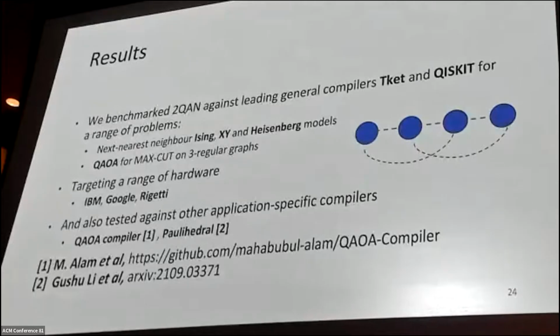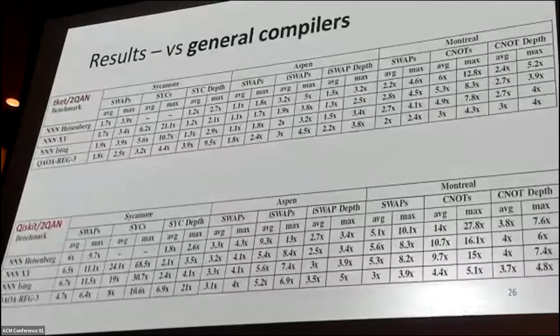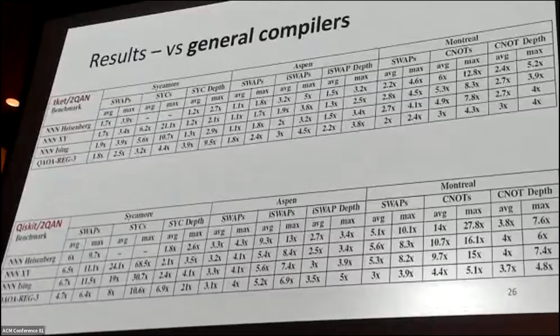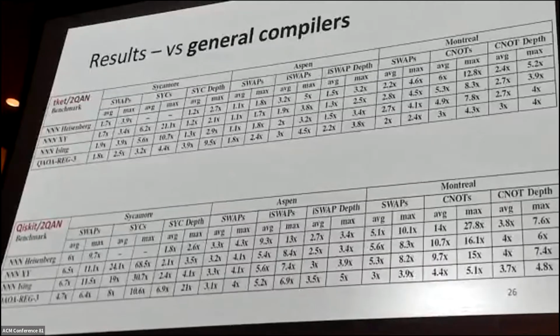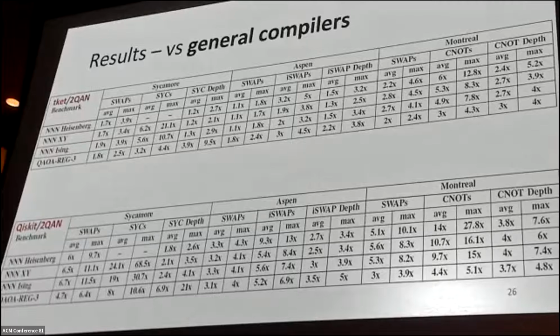So there's a compiler which is targeting QAOA optimization problems, and the polyhedral optimizer, which targets circuits made of Pauli gadgets in general, but not restricting to 2-qubit Pauli gadgets. So here's a lot of numbers on this slide, but each of these numbers represents the factor of improvement which Toucan gave us compared to 2 of the general purpose compilers, TKET and Qiskit.